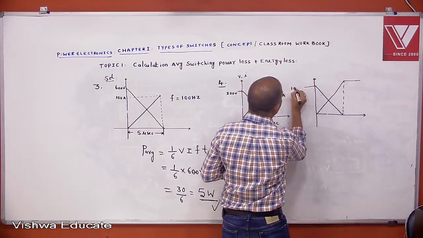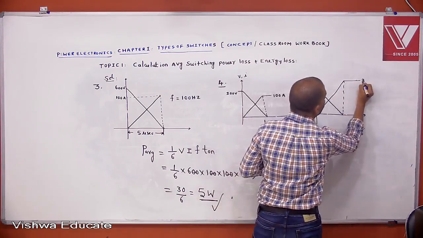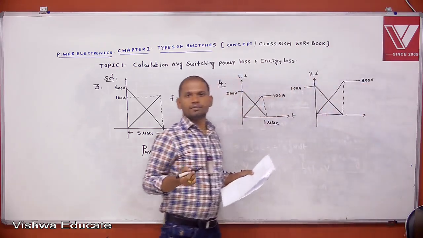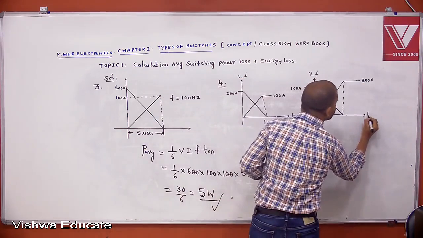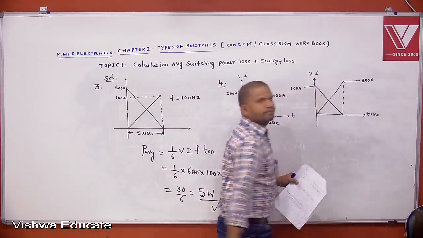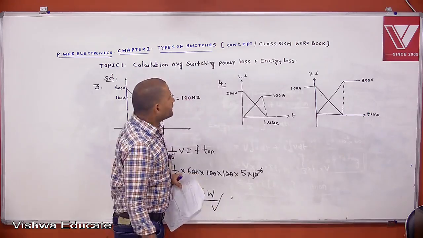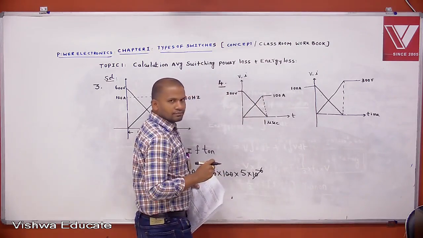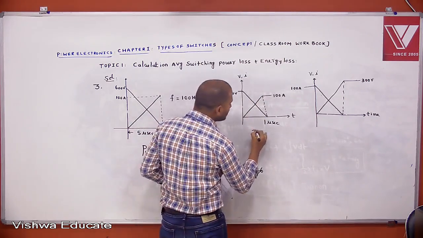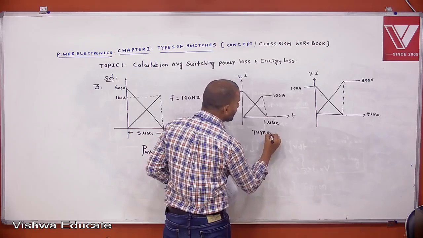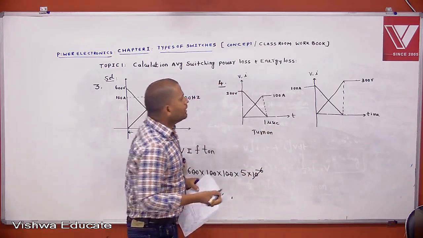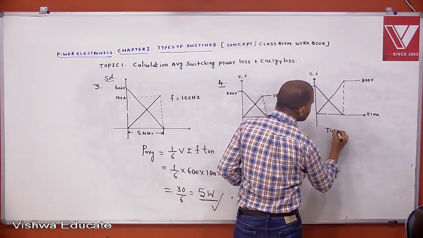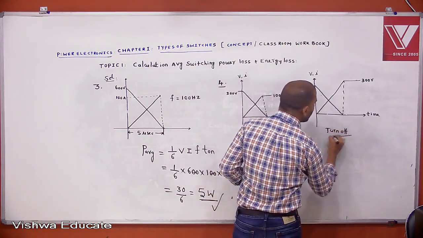This is 100 amperes and this is 300 volts. This also is V comma I, and this is time, which is given. Understood? Here voltage is falling, current is rising. That's why it is which transition? Turn on transition. If current is falling, voltage rising, this is which transition? Turn off transition.